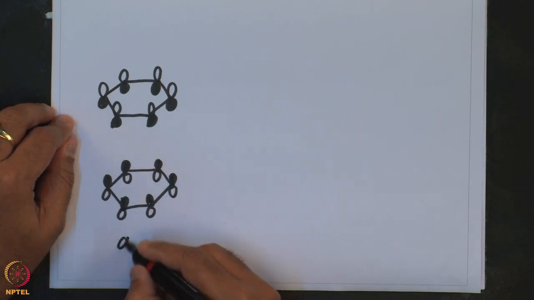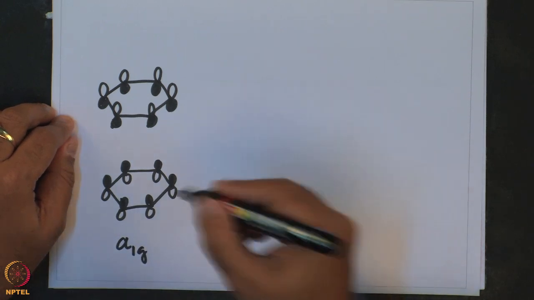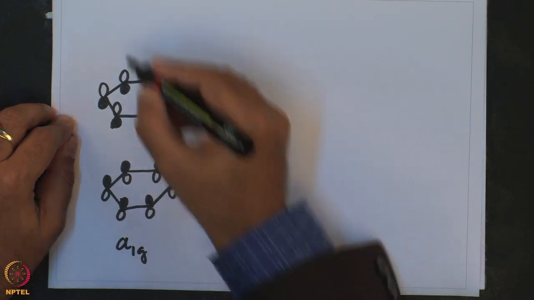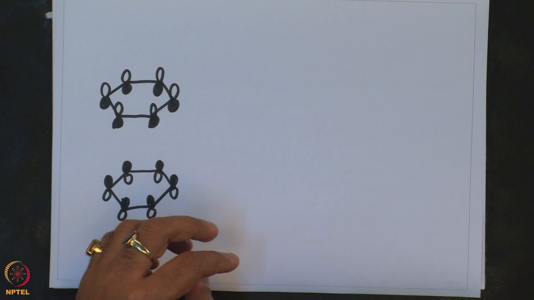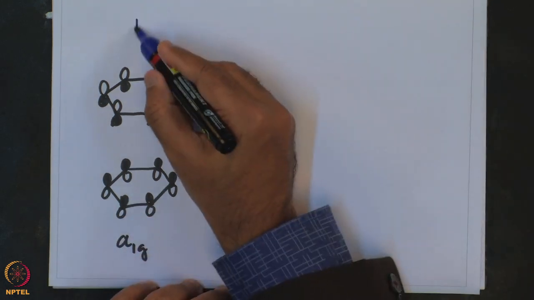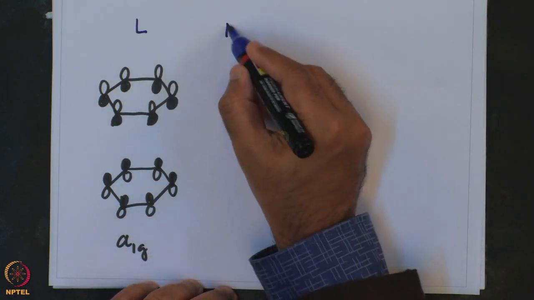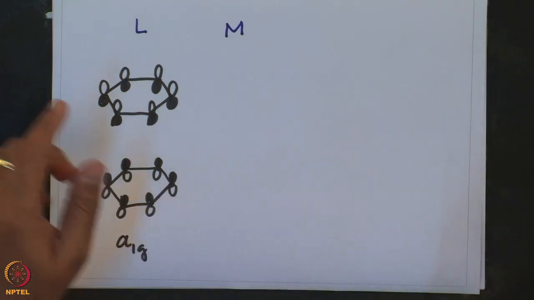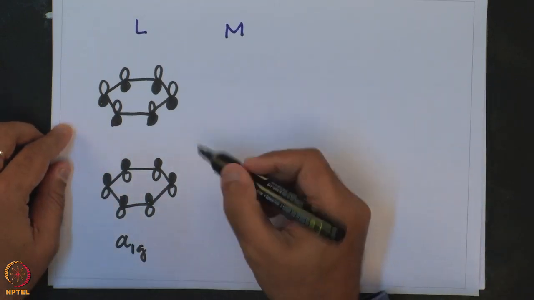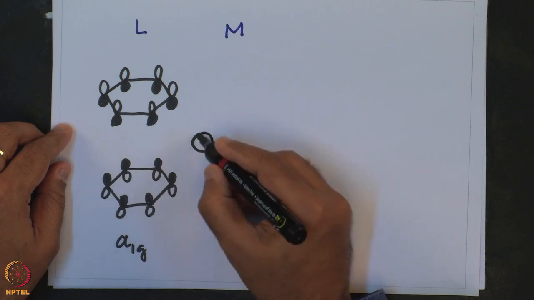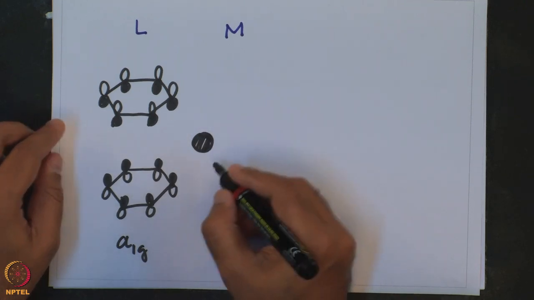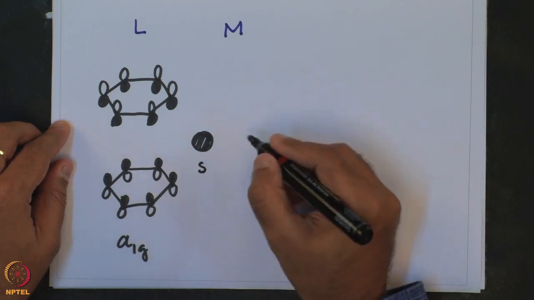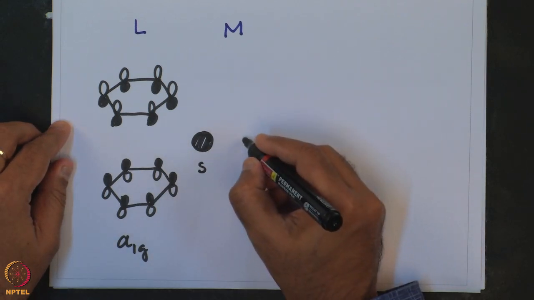So, this is A1G, and the ligand orbital A1G can interact with the following metal orbitals: s and d z square.